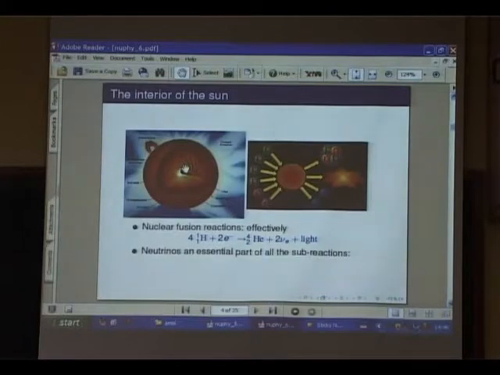On the other hand, if you want to get information about the sun's core from the light that comes out, the photon produced in the core will undergo many collisions while it comes out, and by the time it reaches here, it usually takes something like a million years. So in some sense, neutrinos give us direct access to the core of the sun as it was 8 minutes ago, not a million years ago.